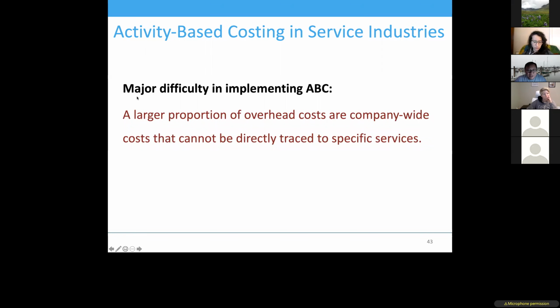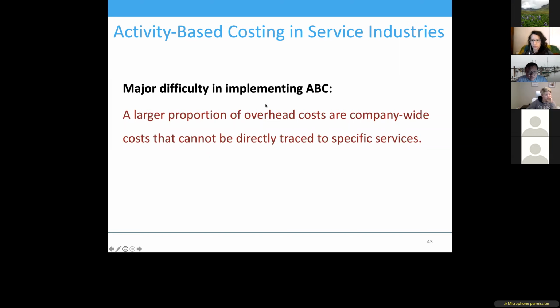What are the major difficulties when you use ABC? When the overhead costs are company-wide costs, okay, the CEO's salary, right? There is only one CEO for a company, and there's the CFO, right? This is all a big overhead cost.